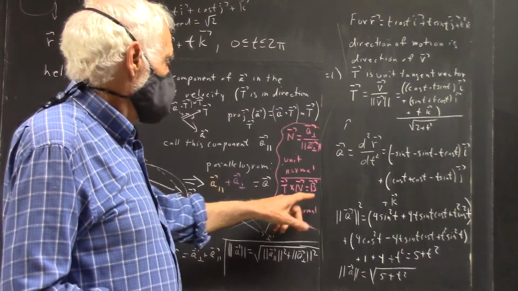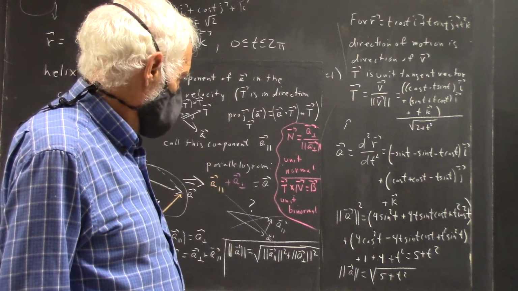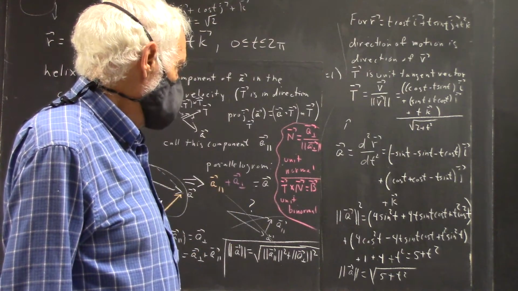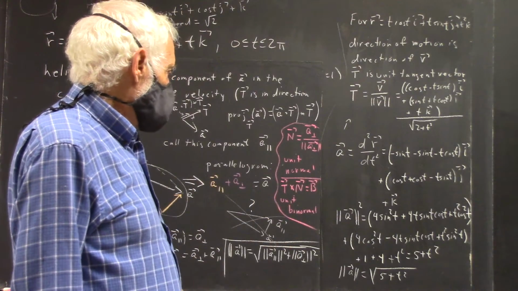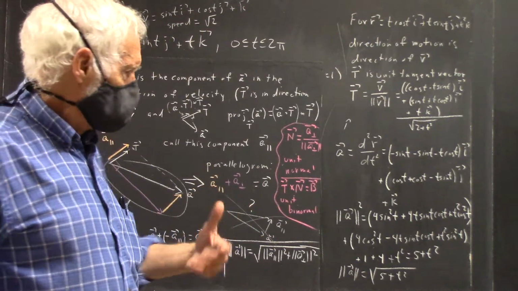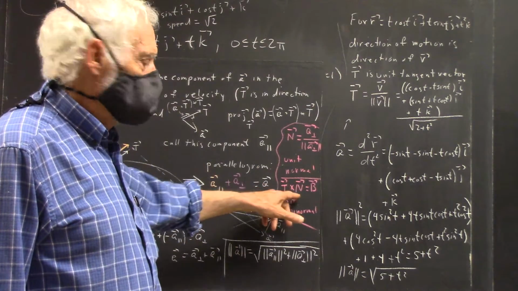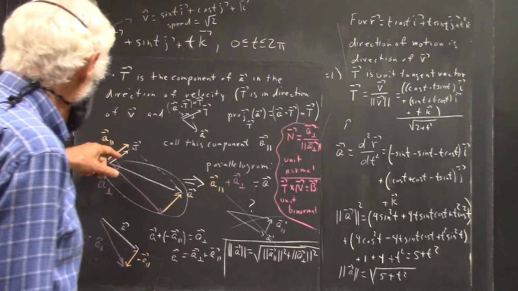Okay, then, again, what's the magnitude of B? Well, you have to do a little thinking here. And hopefully you thought it through, but think it through again. What's the direction of T and what's the direction of N? How do the directions of T and N compare? Well, T is here.